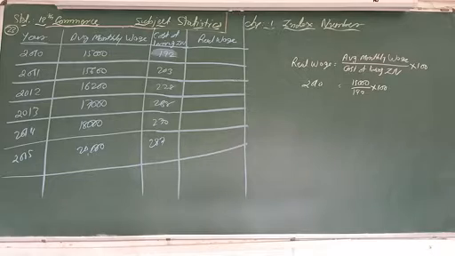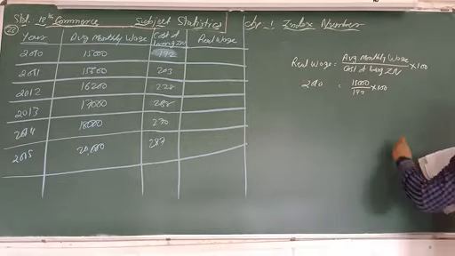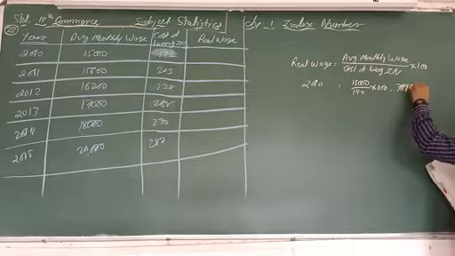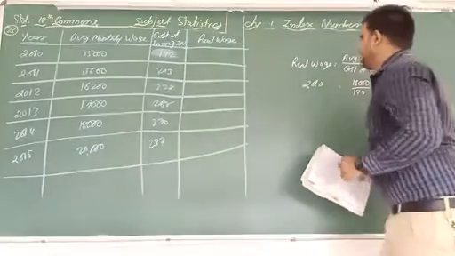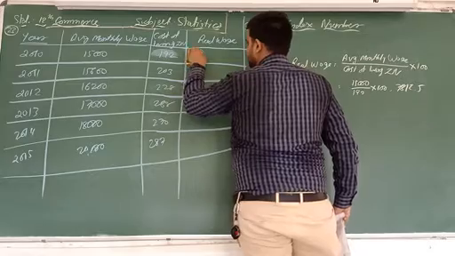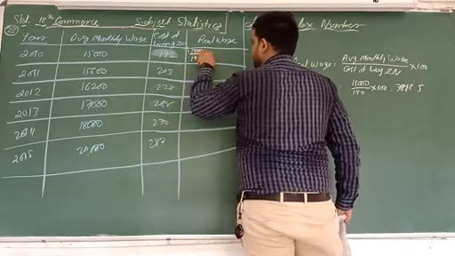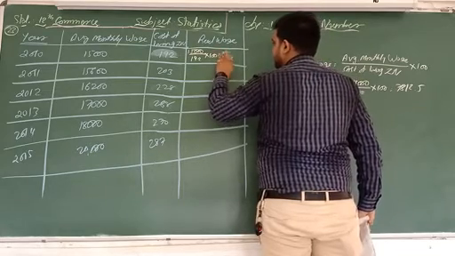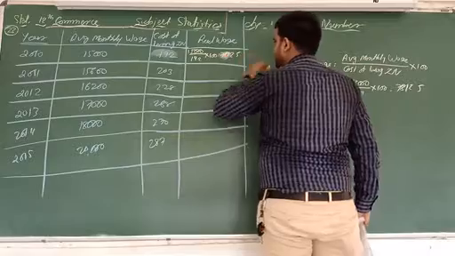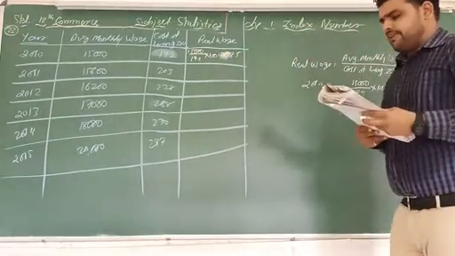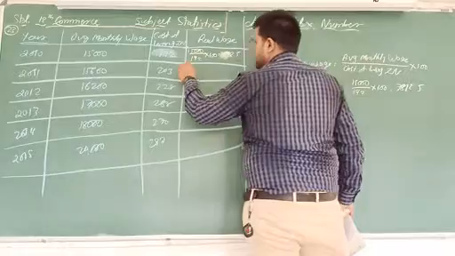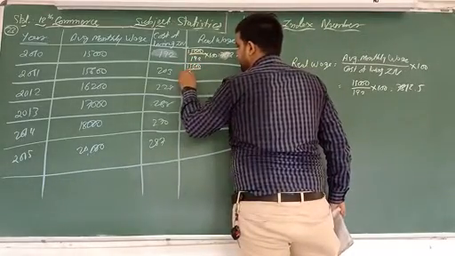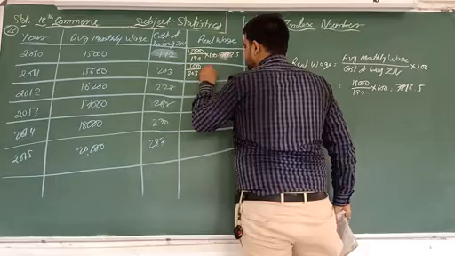So for 2010, the answer is 7812.5. Okay. So same here, we write 15,000 divided by 192 multiplied by 100, which is 7812.5. Same if we have to find out for the year 2011, then 15,600 divided by 203 multiplied by 100.